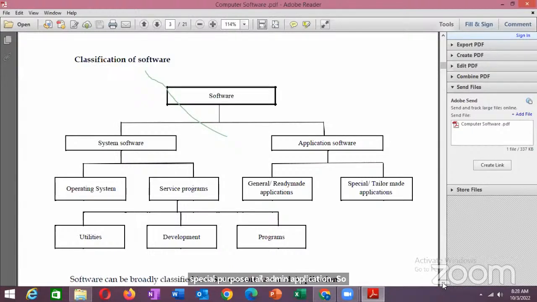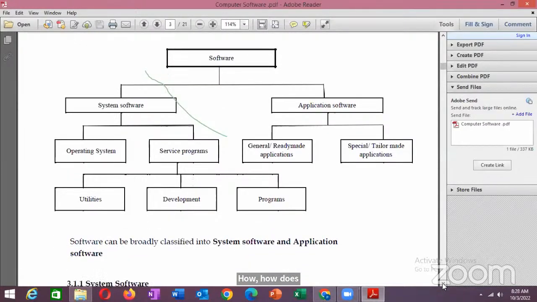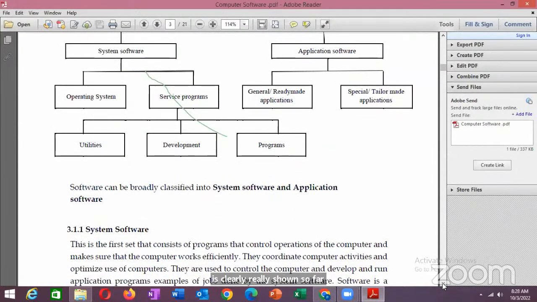These are the major categories of software that exist, and you can see very clearly from the diagram. Software can be broadly classified into system software and application software.